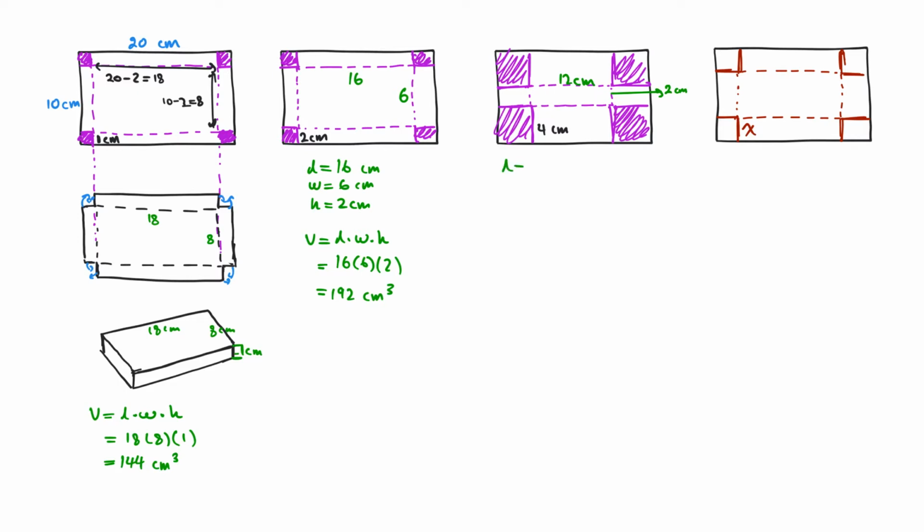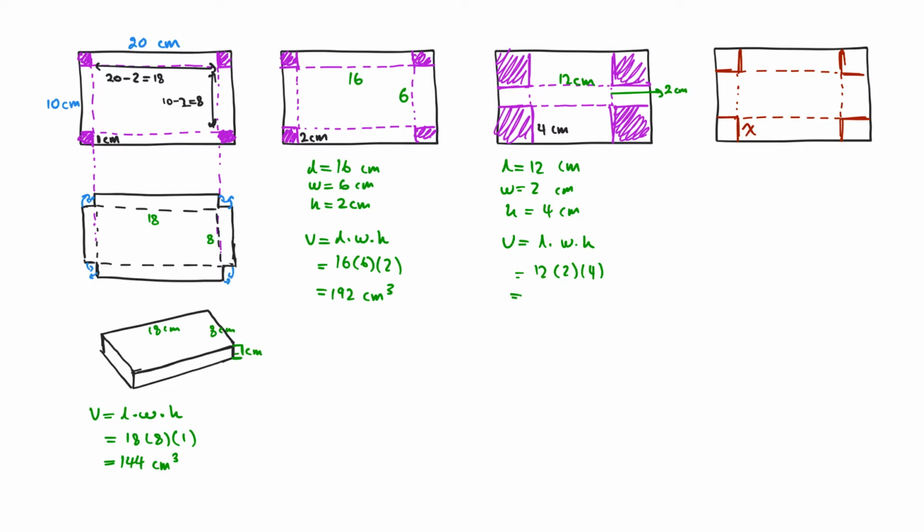So my length is 12, my width is 2, and my height is 4 centimeters. And if I want the volume, I do length times width times height, which is equal to 12 times 2 times 4.